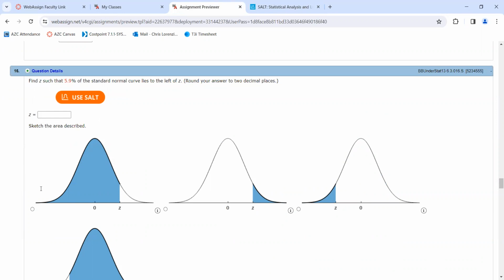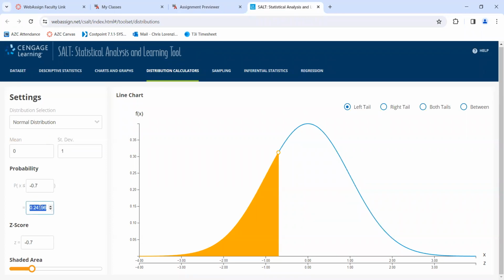So when I come back here, I want to make this, because I can modify this, 0.059, and it's going to give me the appropriate z value here. So my z-score, in this case, says round to 2 decimal places, would be negative 1.56.